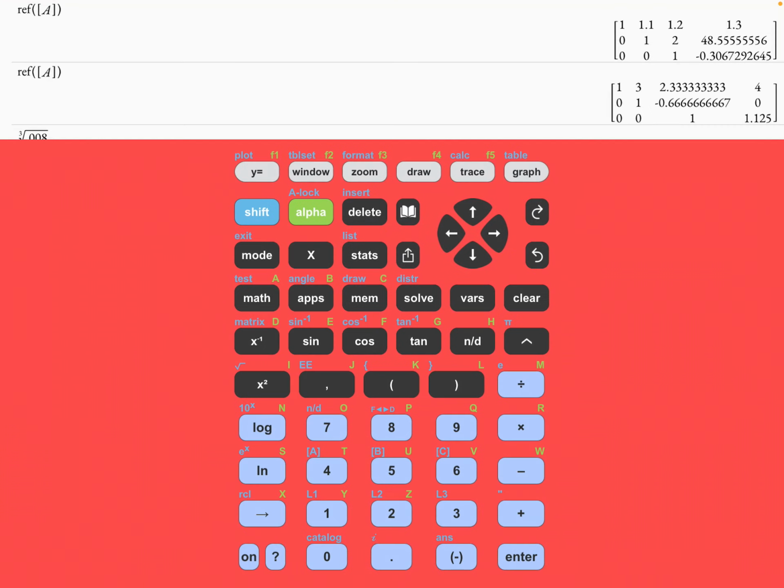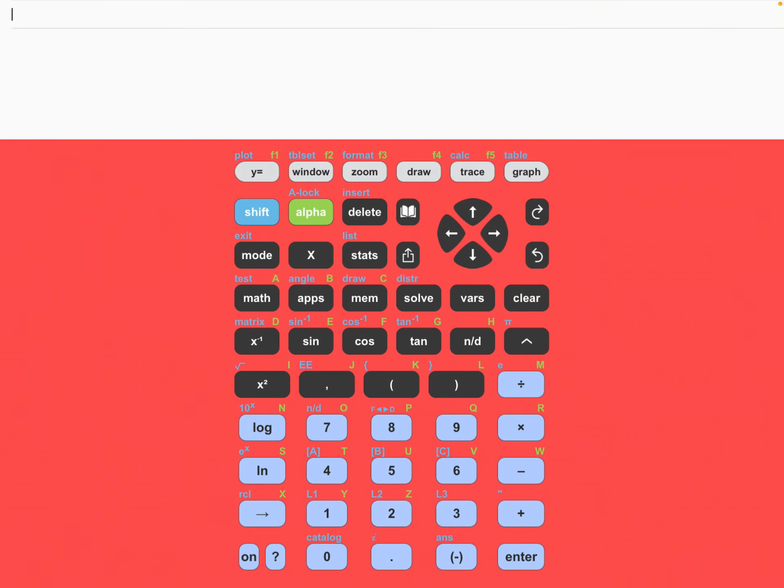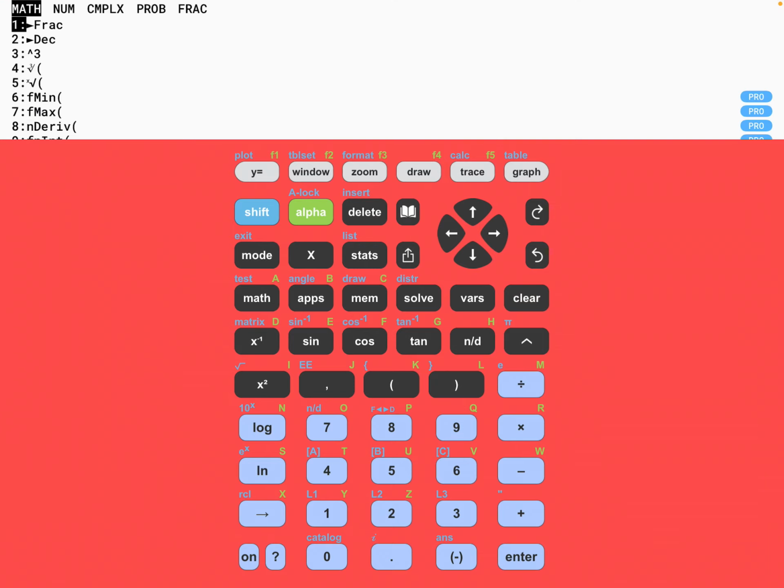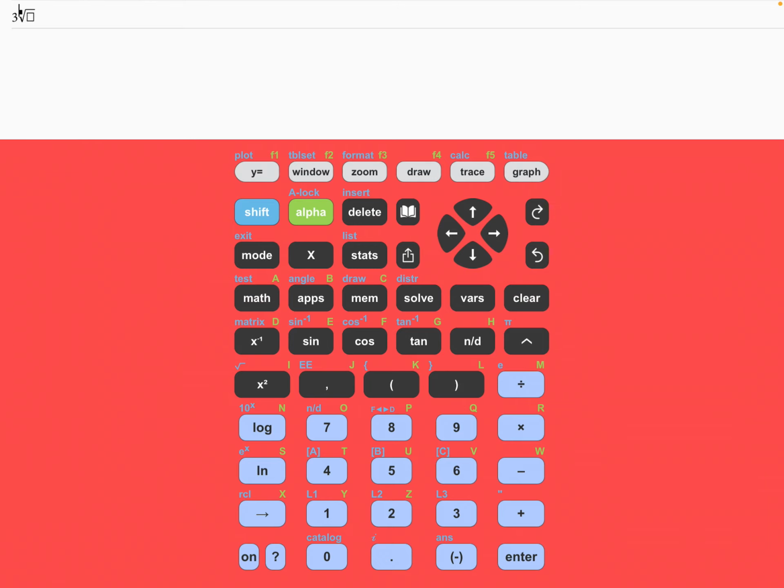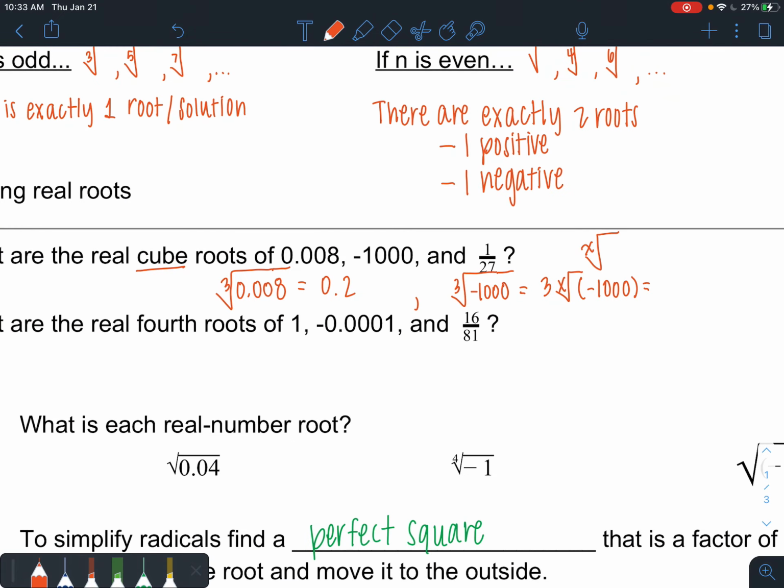Okay, so let's take the 3, math, cube root. This does it a little differently than yours will. Of negative 1,000. Hit enter, and it's negative 10.